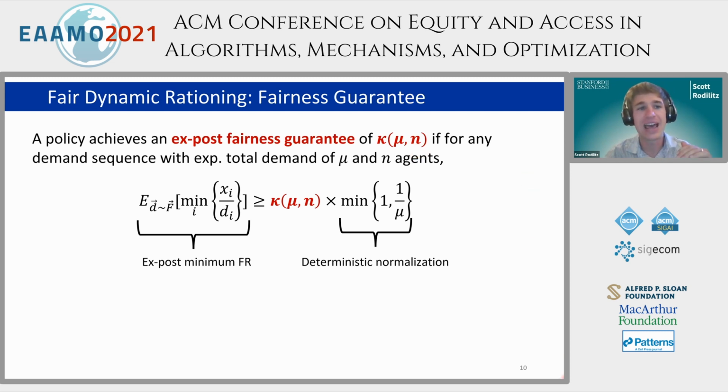Then we're going to say that a policy achieves an ex post fairness guarantee of kappa(mu, n) if for any demand sequence with an expected total demand of mu and n agents, we can achieve a kappa fraction of what we could achieve if demand were deterministic. So this is saying, what's the cost of having this stochastic demand sequence?